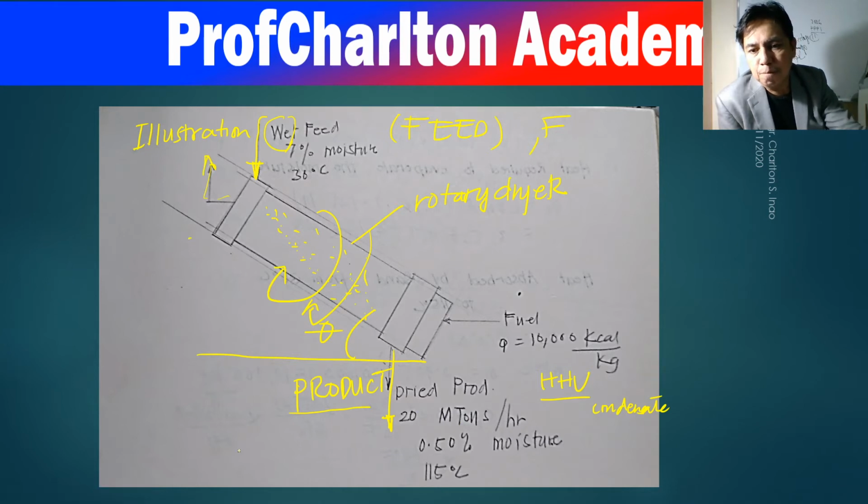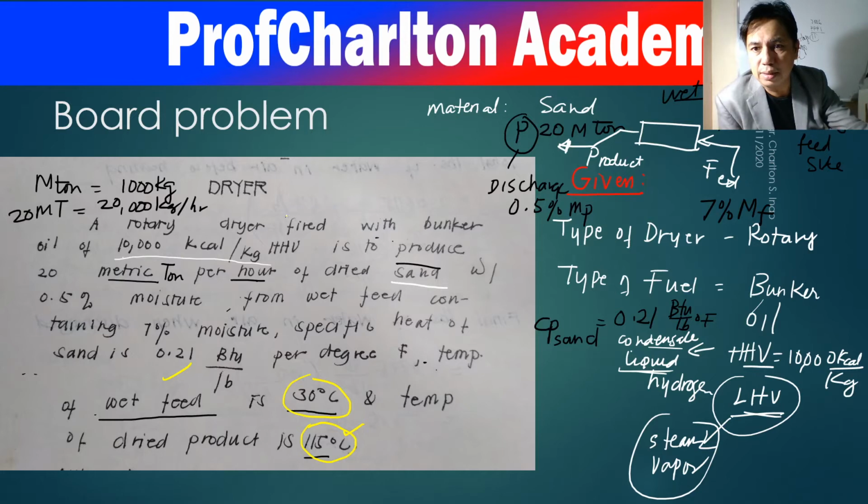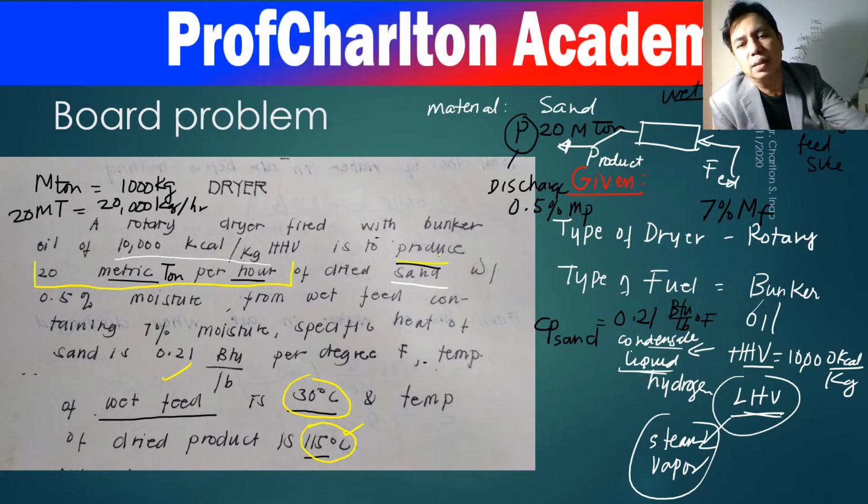A metric ton is 1,000 kilograms, so it becomes 20,000 kilograms per hour, because in the problem it is per hour. Here, 20 metric tons per hour produced, meaning at the product side.